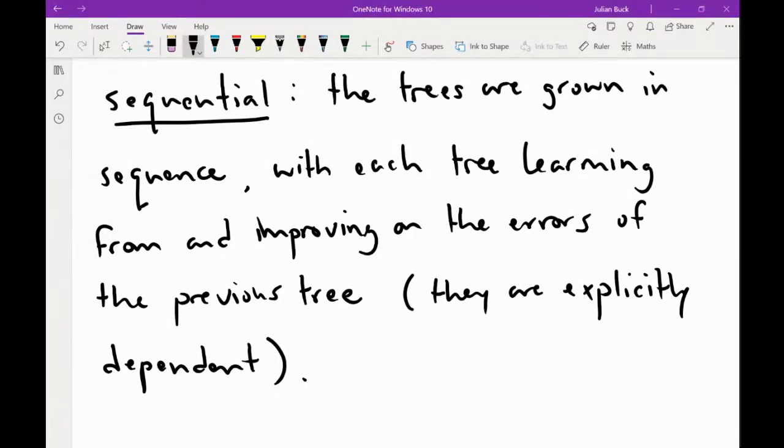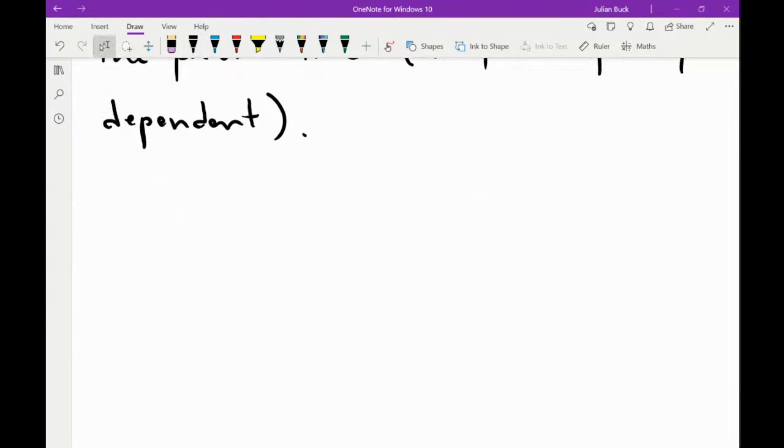Here, they actually depend on each other. Any tree grown depends on all the ones previously grown. Okay. So to recap, sometimes we say that these two processes, random forests and GBMs, are orthogonal to each other, like at right angles, because they're approaching the problem from completely orthogonal perspectives.